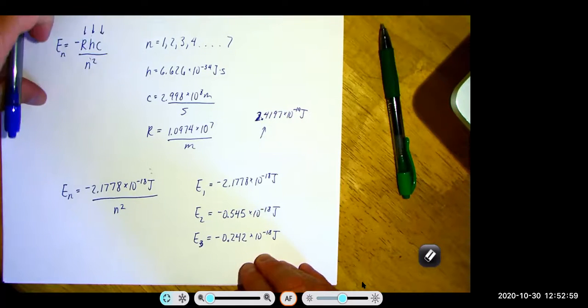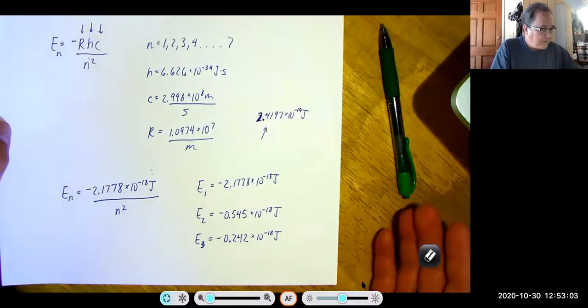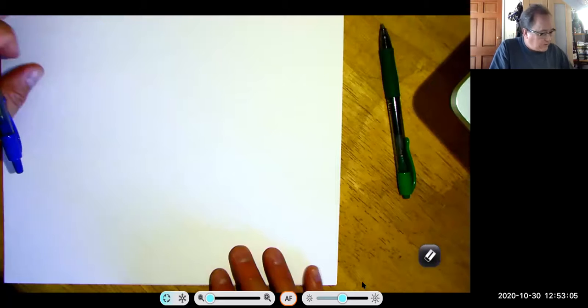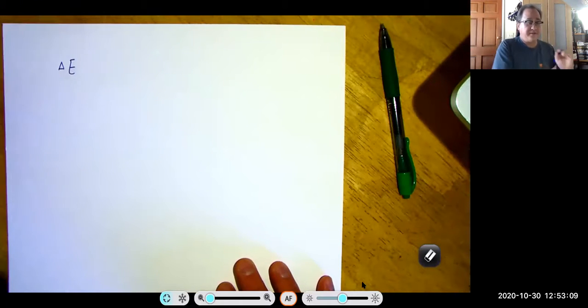Well, and this is the last thing I'm going to leave you with today. You can actually calculate the change in energy of an electron.